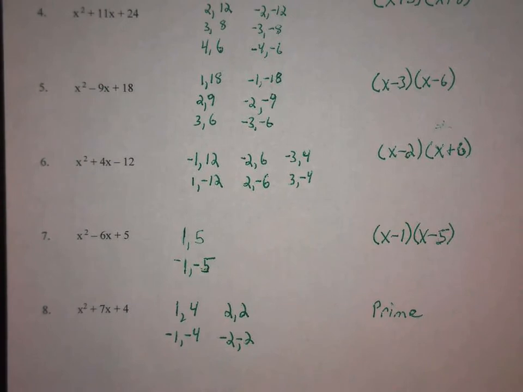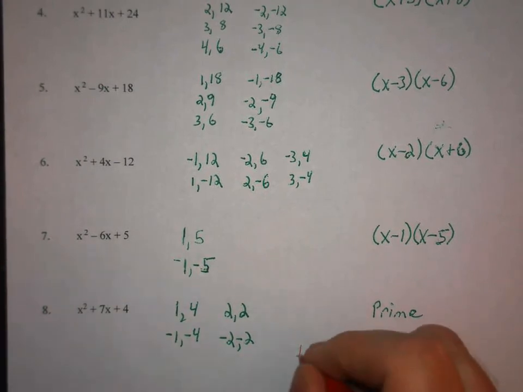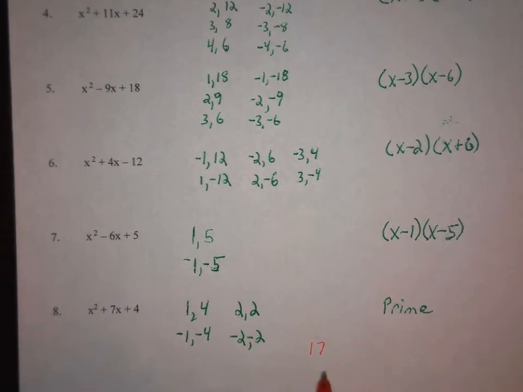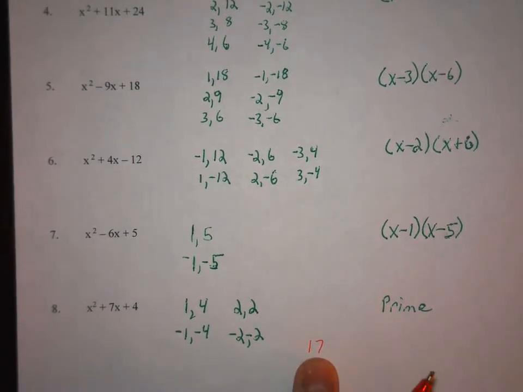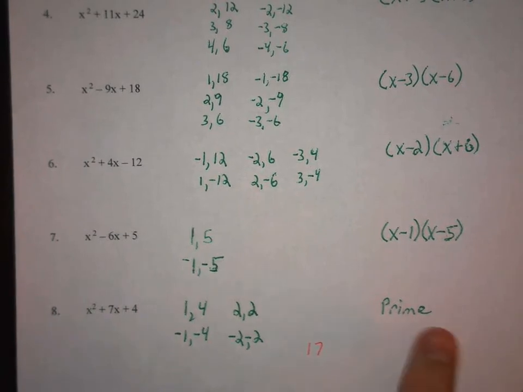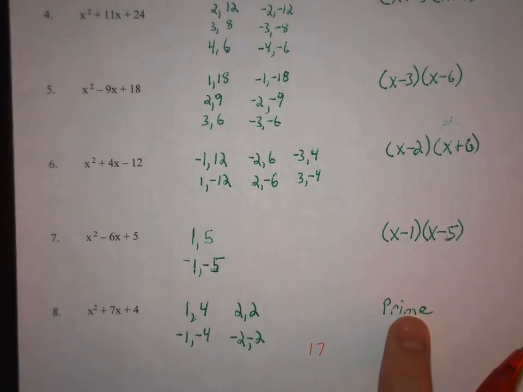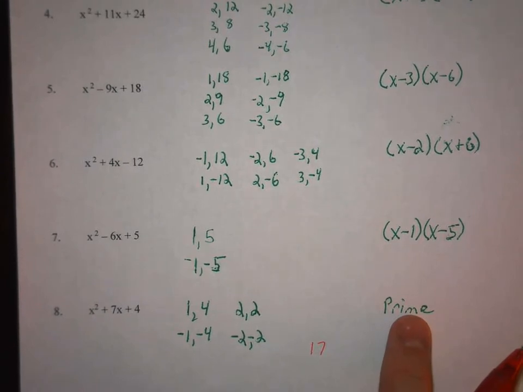That's like saying, if I gave you the number 17, what are the factors of 17? The only things you can multiply to get 17 are 1 and 17. So that's what we call 17 a prime number. Well, this is how you get a prime polynomial. It means you can't factor it over the real numbers.